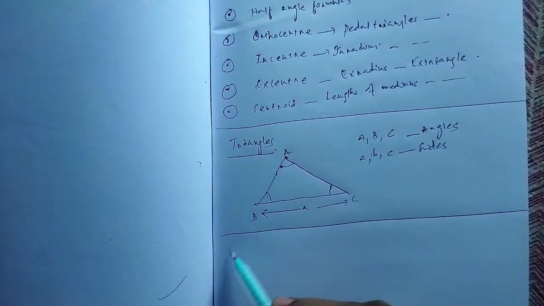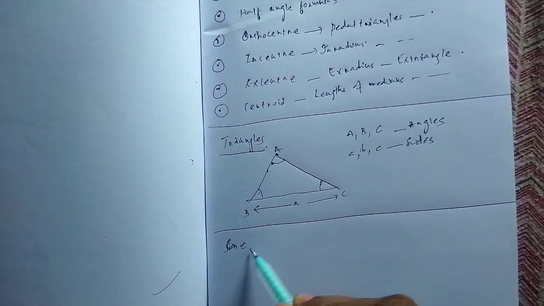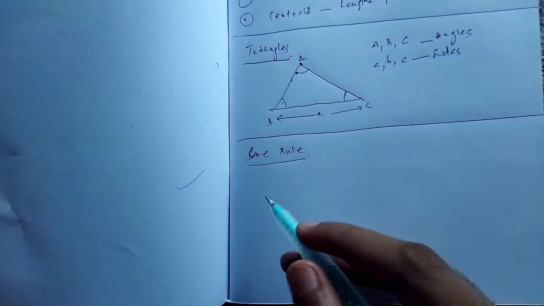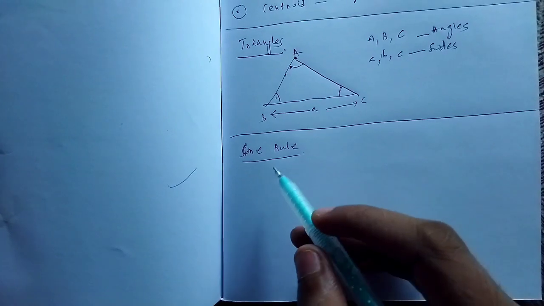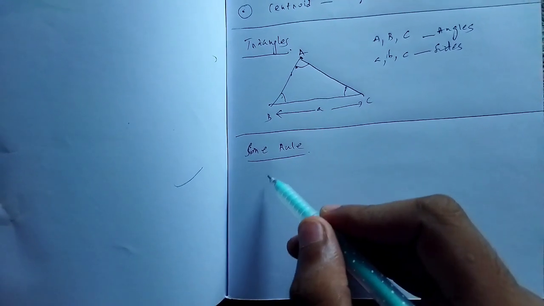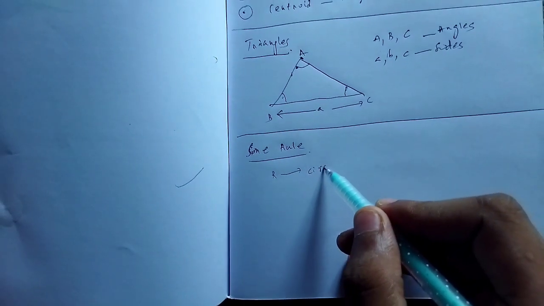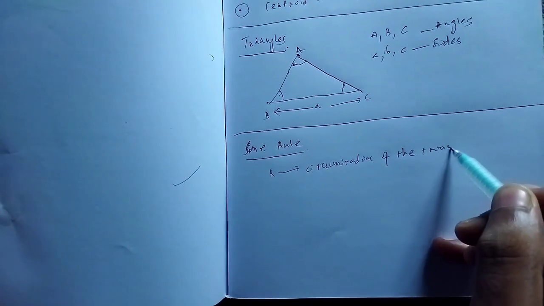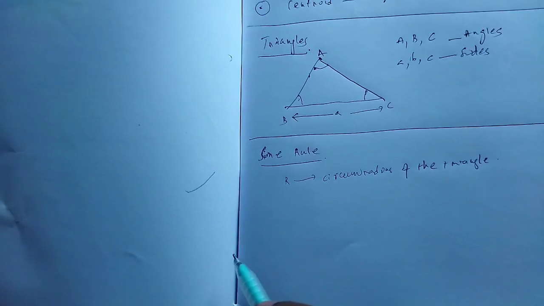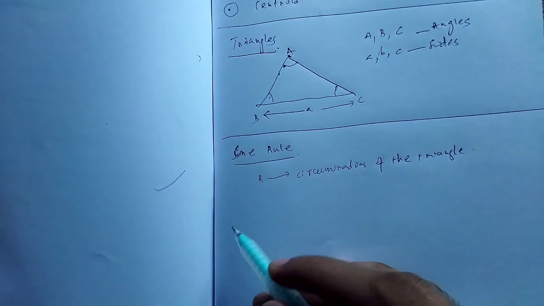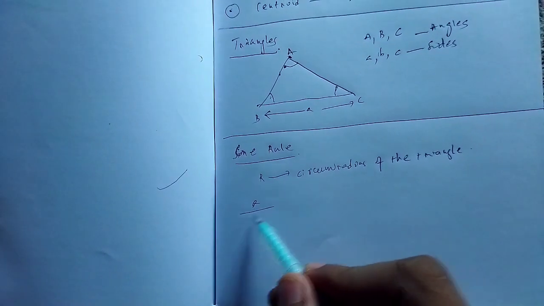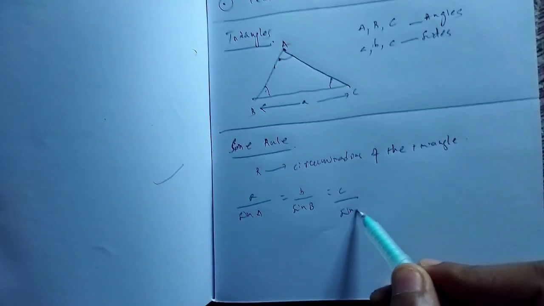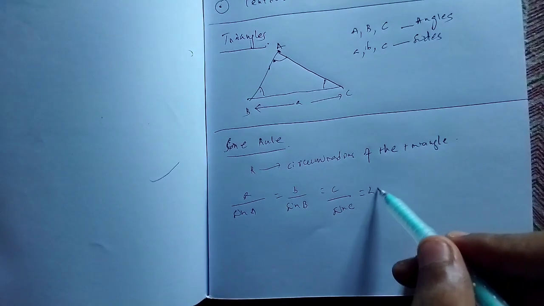Let us begin with sine rule. Okay. Sine rule tells that if R is the circumradius of the triangle, then a by sin A equal to b by sin B equal to c by sin C equal to 2R.